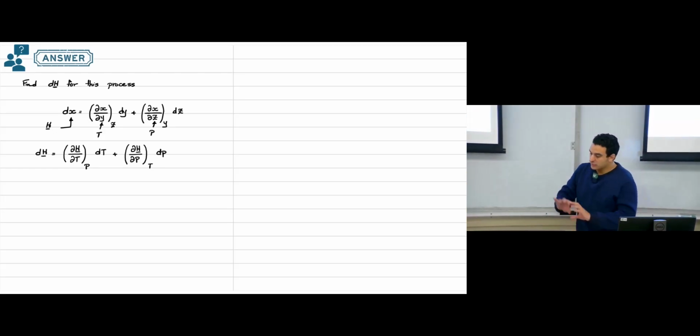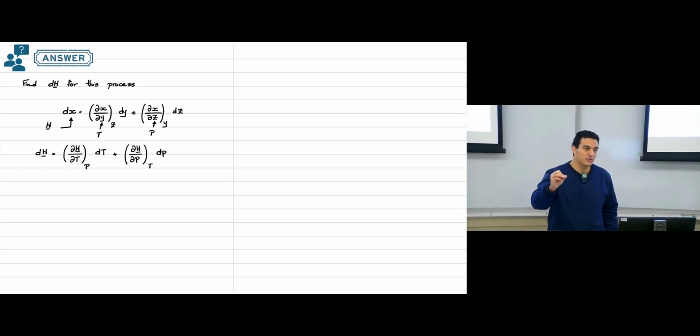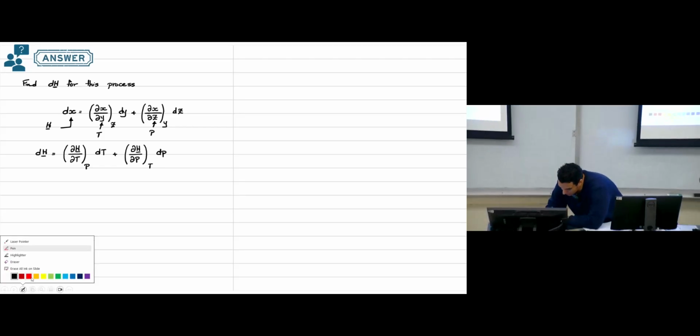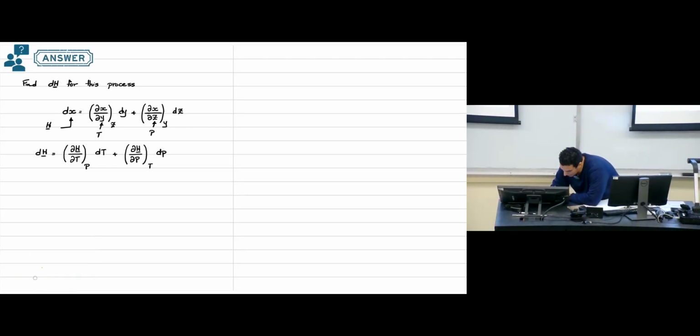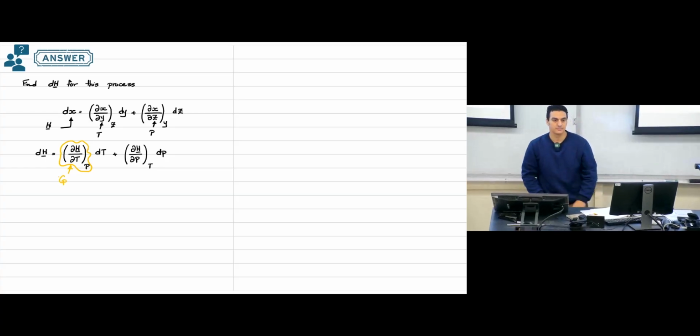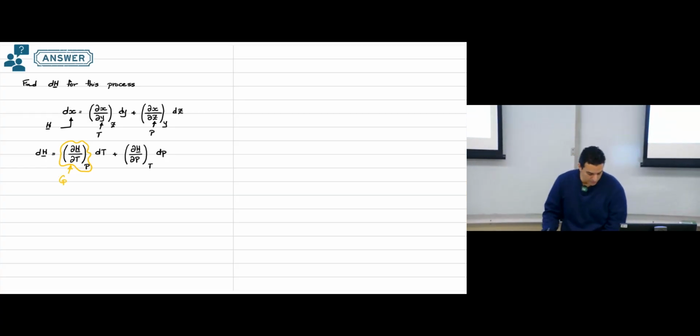So now we have two partial derivatives. Again, number one, see the fundamental property relations. Can we replace any of these partial derivatives with a direct thermodynamic property? The answer is yes, because we have this one here, and we can replace this one with heat capacity at constant pressure. Okay, so one of them is gone.